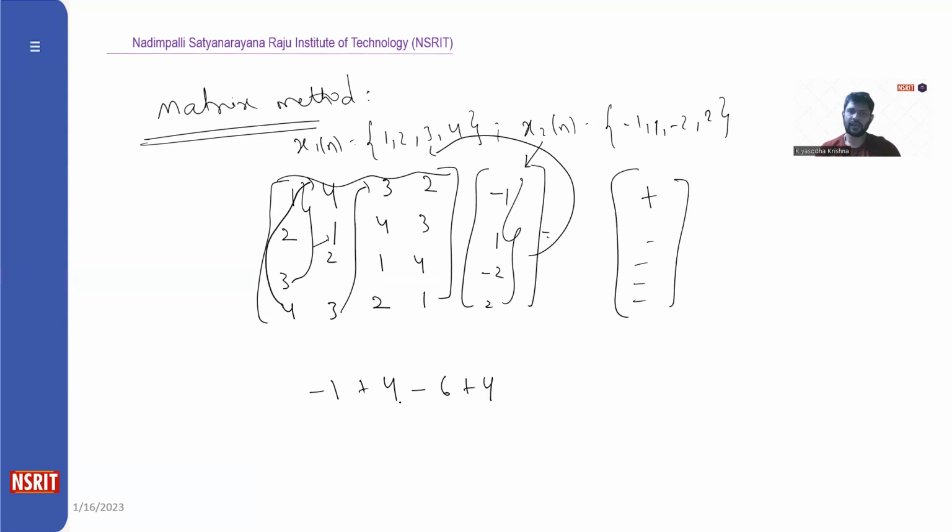So you have 8 and 7. So 8 minus 7, that will be 1. So it is the 1. And if you calculate next step, that will be minus 2 plus 1, minus 8 plus 6 and minus 10 plus 7, that will be minus 3. Likewise, by solving the matrix method, you can get the solution.